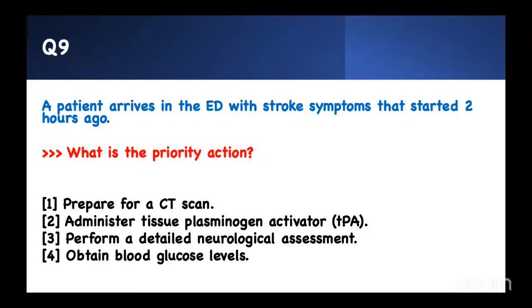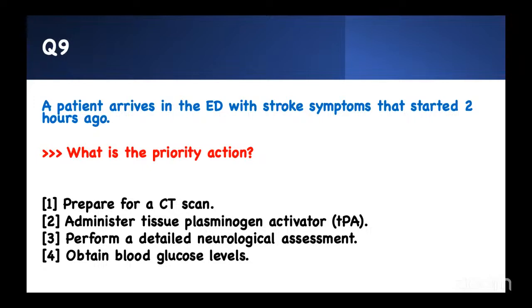If somebody comes in with a stroke within at least 4 hours, it used to be 3.5, now 4 hours, you have to make sure you treat them, whether with the TPA or not. But you can't do that unless you know if it's hemorrhagic or what?